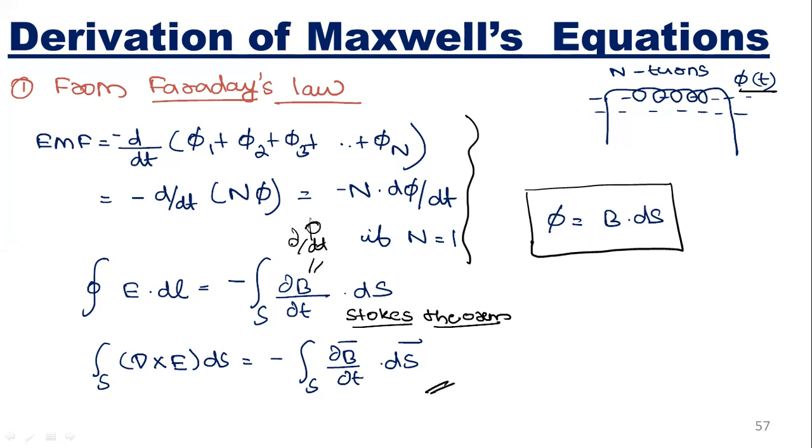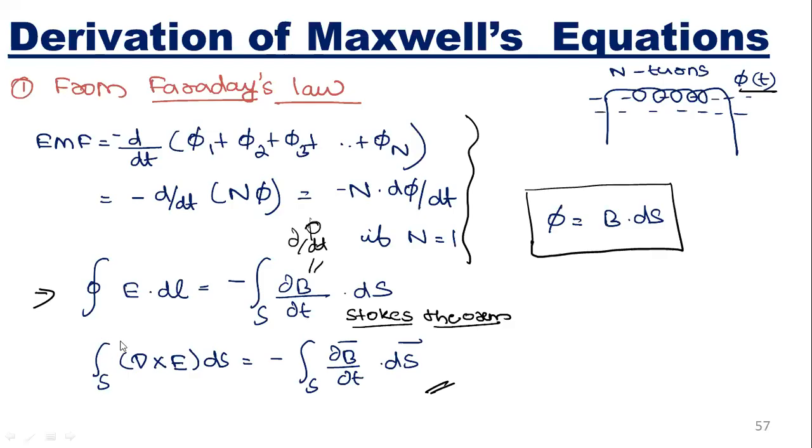So we have written Faraday's law, the EMF equation. Then in electromagnetic theory, we substituted phi with B dot ds, and then we applied Stokes theorem. Once we apply Stokes theorem and compare those equations, we can write del cross E is equal to minus dou B by dou t, right?